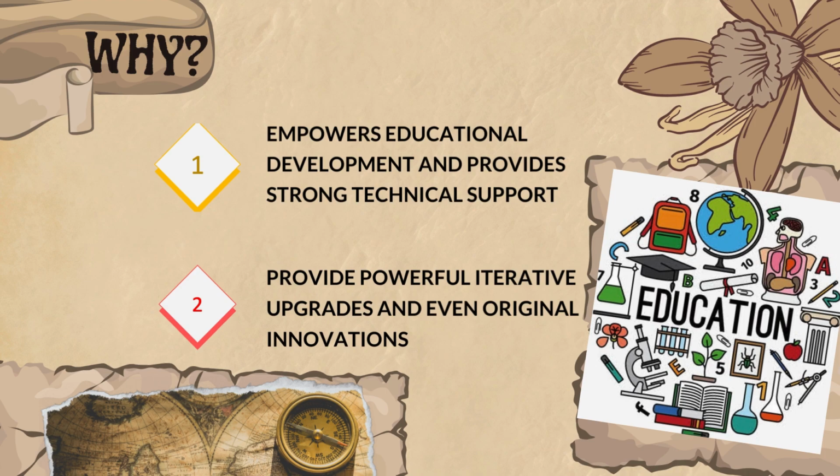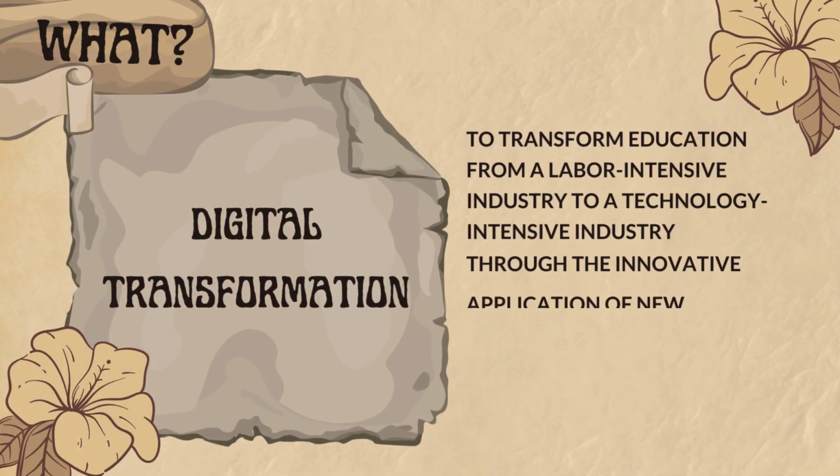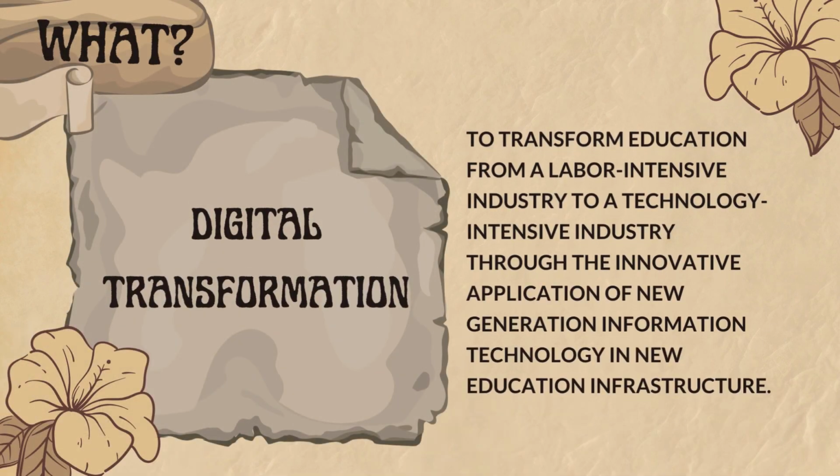For another, the innovative application of new technologies in the field of education will provide powerful iterative upgrades and even original innovations. Today's infrastructure is mostly built on the digital transformation of education.